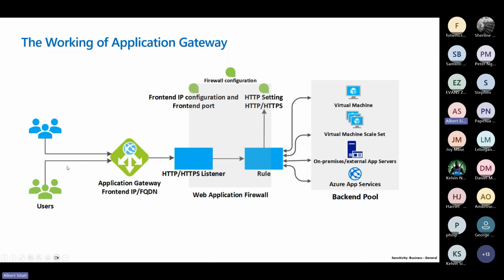So you go to your browser and enter Azure Kenya User Group.com. It will hit, as we said, the application gateway, which forms the point of contact to our clients. So it will hit that point, which will be the front end of our application gateway. In this case, since we want our website to be accessed publicly, we configured our application gateway to have a public IP. So it hits that public IP.